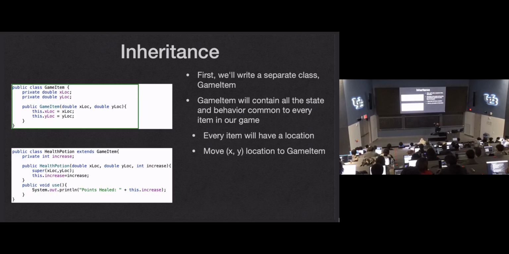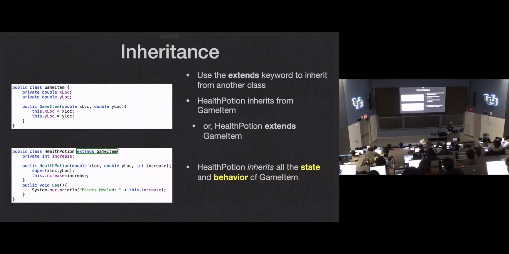So we're eventually going to have HealthPotion and Weapon in our game. Any code that both of those items should have is going to go in the GameItem class. So in GameItem, right now we're going to have all the location stuff. We have a constructor that takes that XY location, and instance variables that store the XY location. Then in HealthPotion, we're going to inherit all of that state and behavior using the keyword extends.